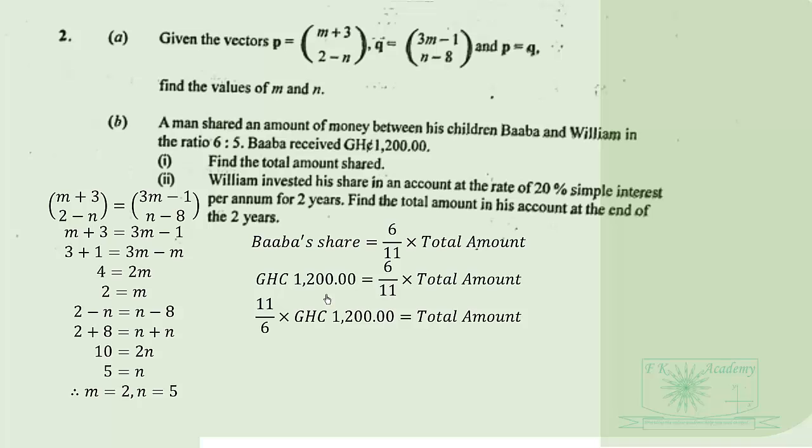Remember 6 will go into 1200, 200 times. So 11 times 200 will be 2,200 Ghana cedis. So that is the total amount they shared.